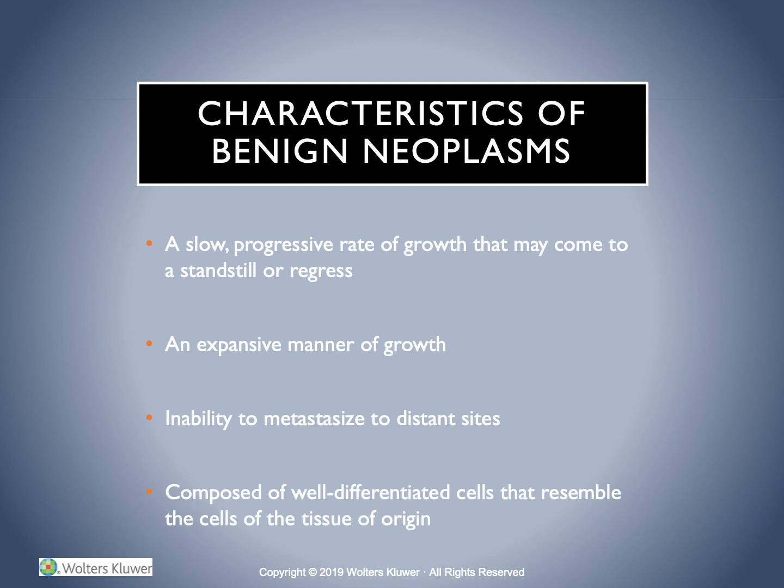As mentioned in the previous slide, when we think about benign neoplasms, these are our slow progressing tumors. They can have an expansive manner of growth. They do not metastasize and usually are well differentiated.